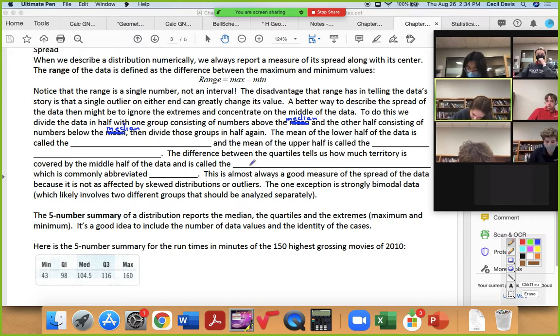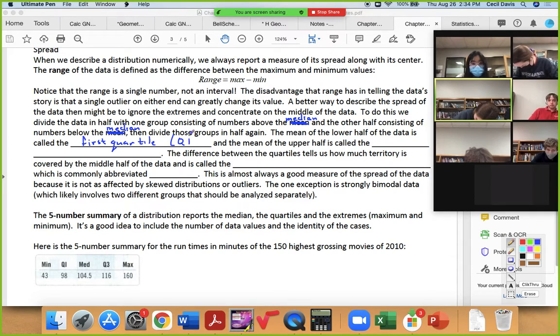And then divide those groups in half again. Again, we did this in pre-algebra. Do you remember what the median of the lower half of the data is called? Very nice. The first quartile or quartile 1, either way is fine.